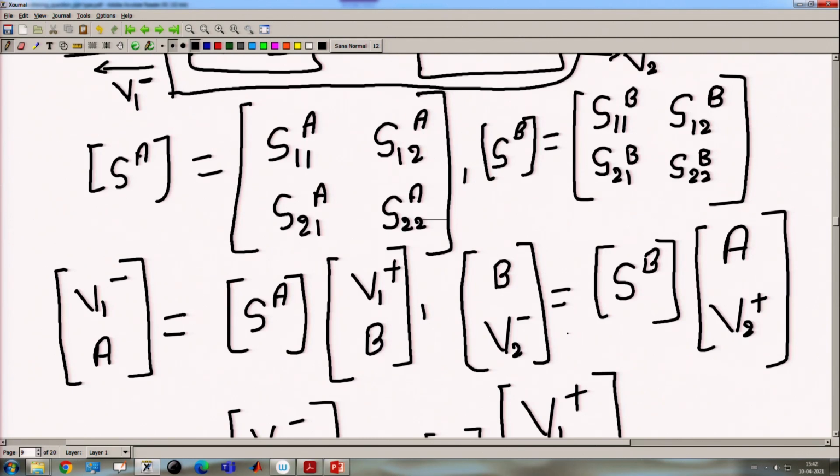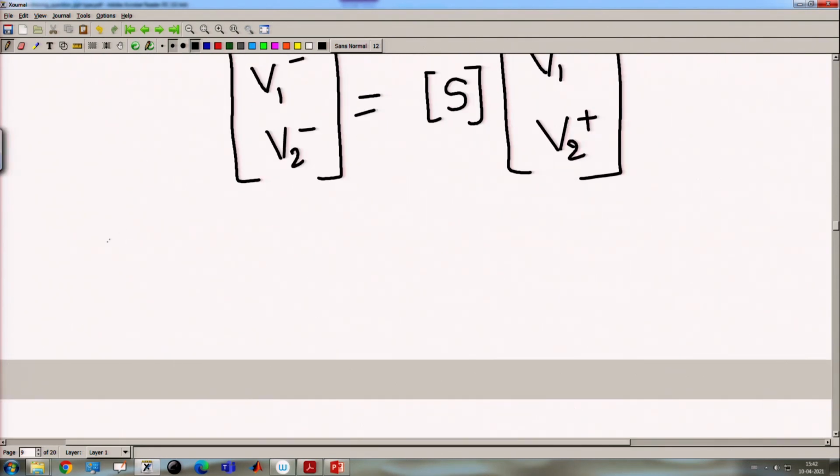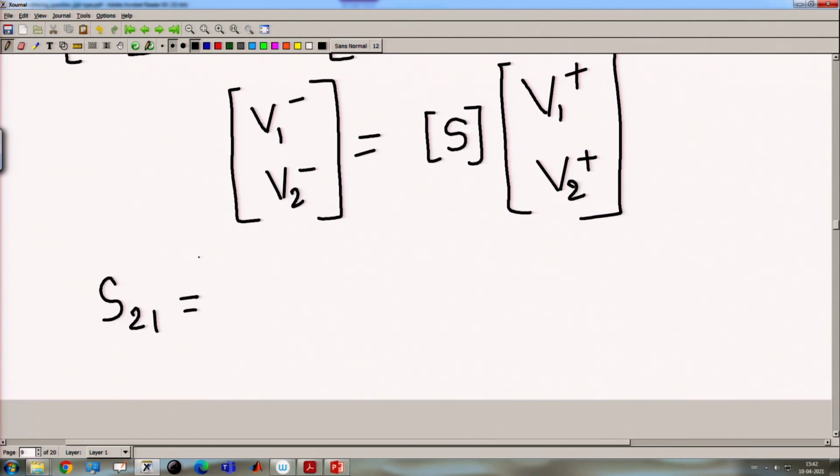So, we have to find S21, and the S21 definition will be the same. The overall S matrix is S11, S12, S21, S22.